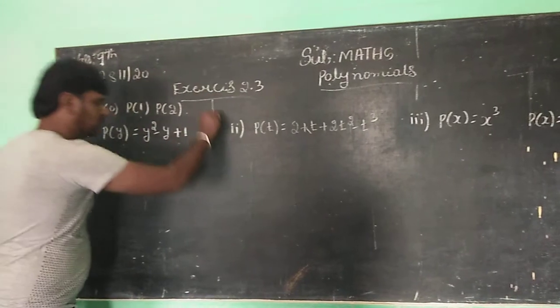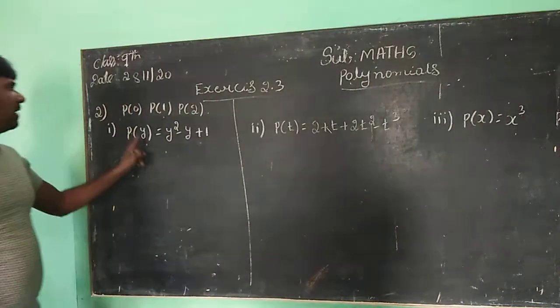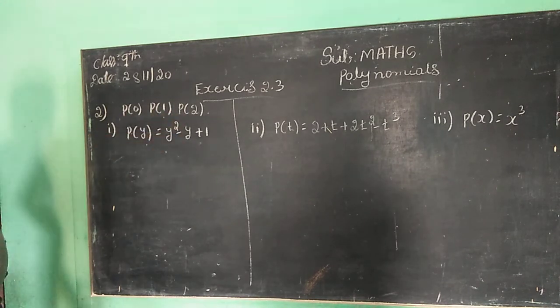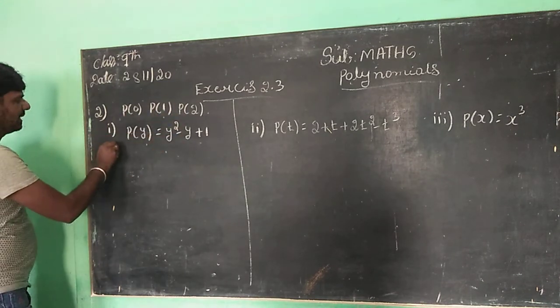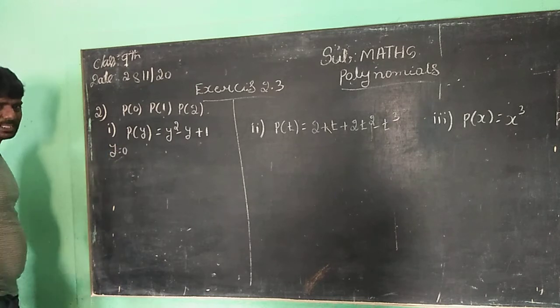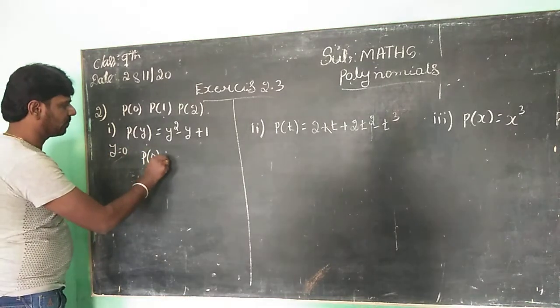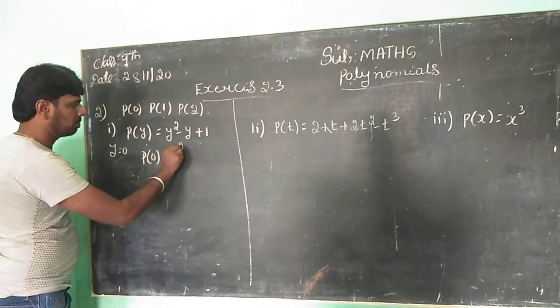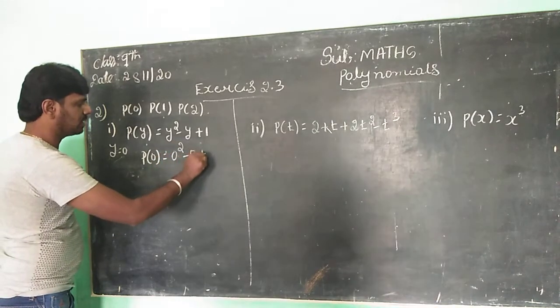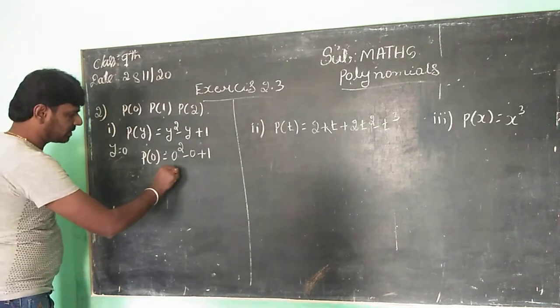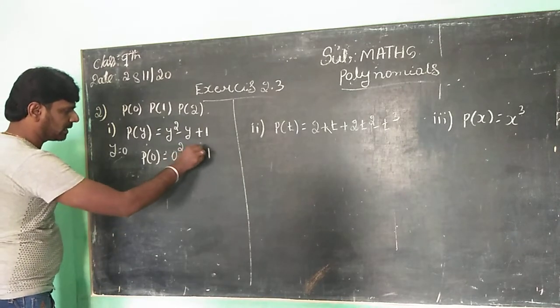We want to substitute. In y place, we substitute 0, then 1, and then 2. First, y is equal to 0: 0 square minus 0 plus 1, so only 1.